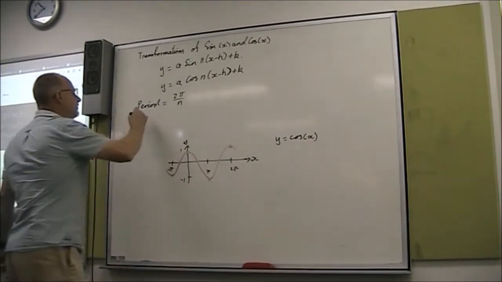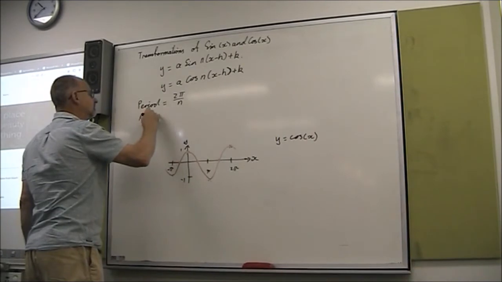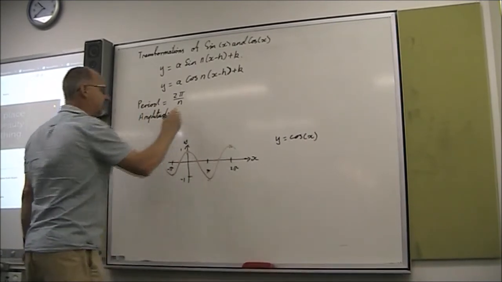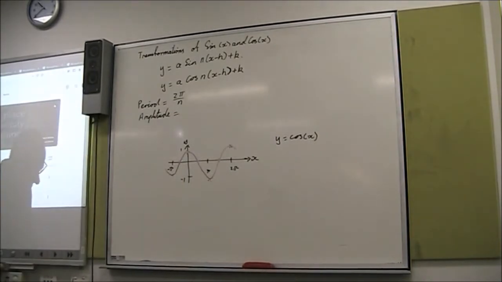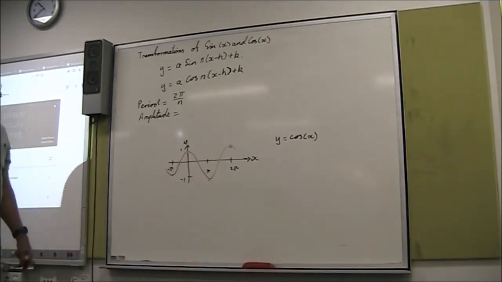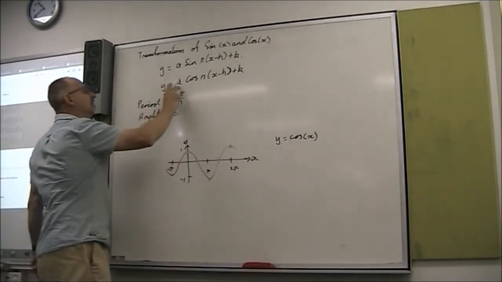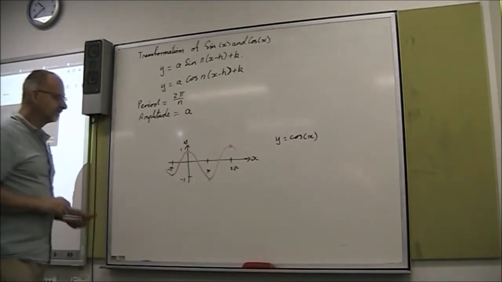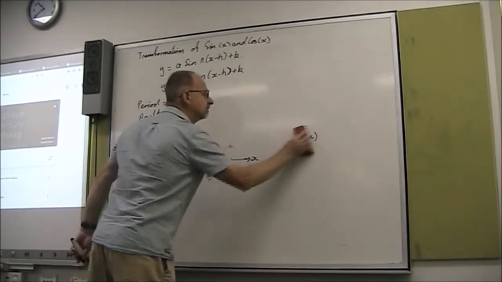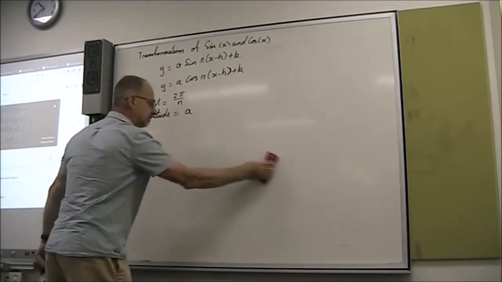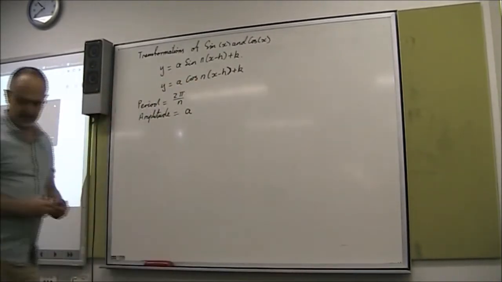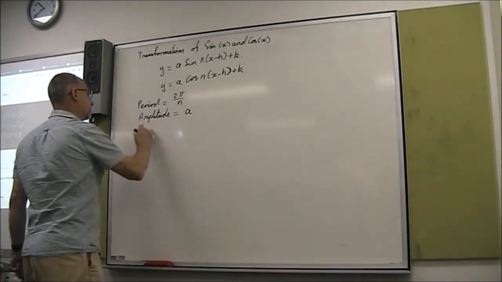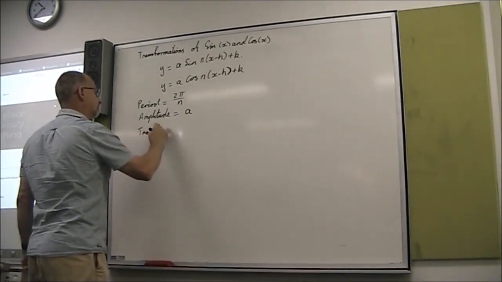The amplitude is that distance from that midline through to the top. That's given by this bit here. And the other things I've already mentioned is we've got translations.